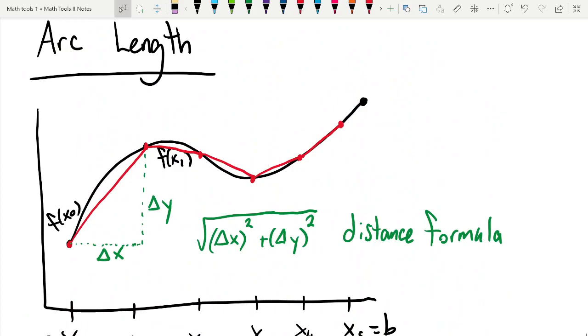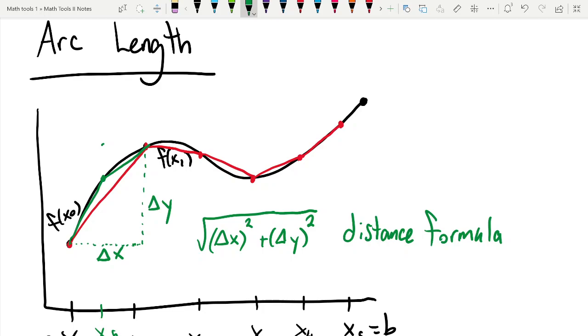Like I said, if we break this up into two, the segment between f of x0 and f of x1, if we were to split it into two segments and say we had another x, like x.5 or something like that, and we put that one in here, and then we looked at those segments, we can see that we start to get a better approximation, right? And we could do this with all of them.